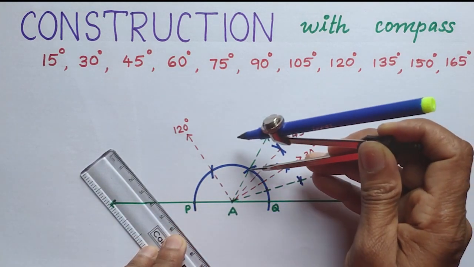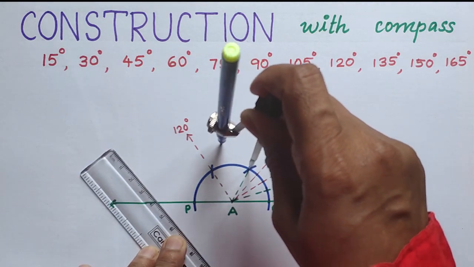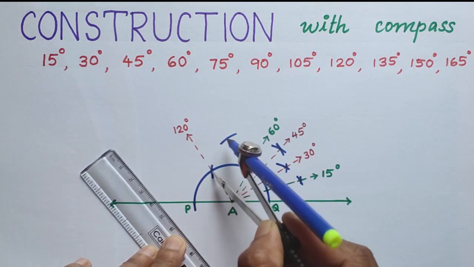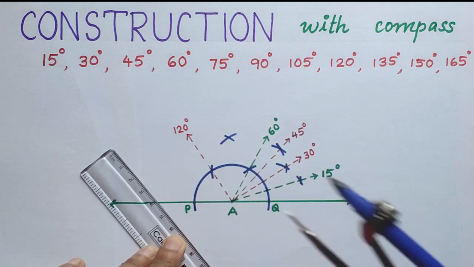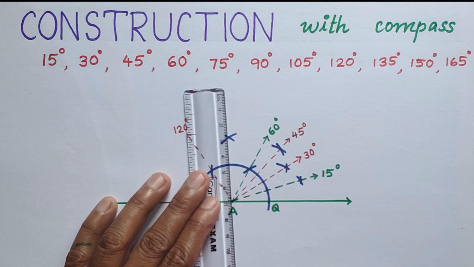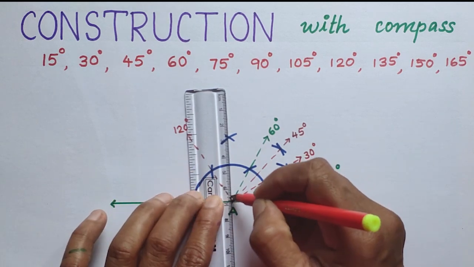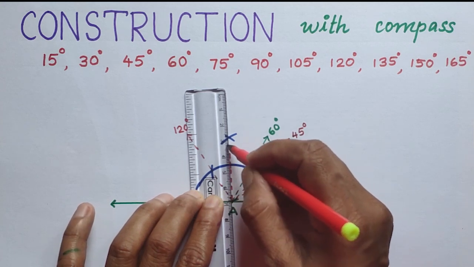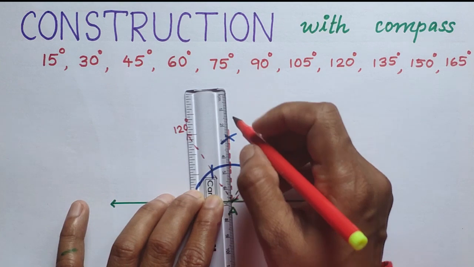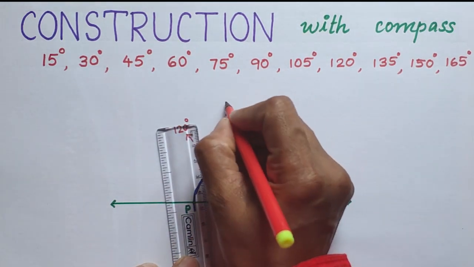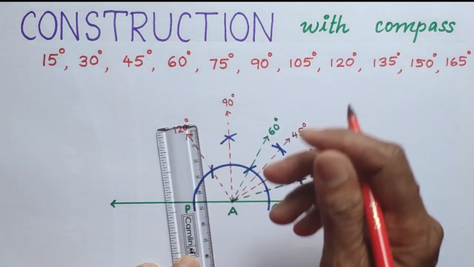For that, place a metal tip on 60 degree. Draw an arc. Then place a metal tip on 120. Draw one more arc. Join these 2 points. This angle measure is 90 degree.